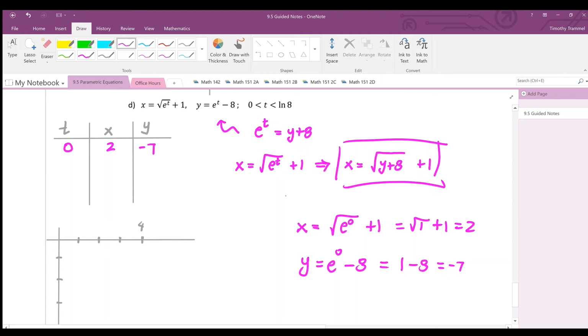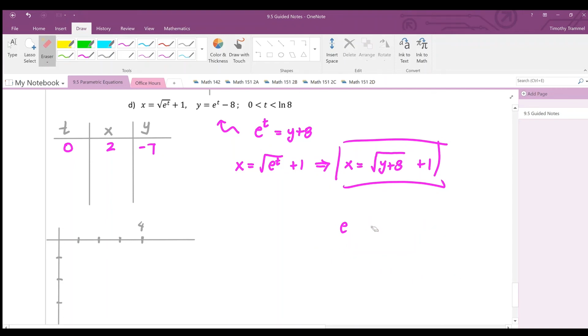And now let's try maybe the end here. t equals the natural log of 8. What would it look like then? Okay. So if we let t equal, again, the natural log of 8, remember e and the natural log, those things undo each other.